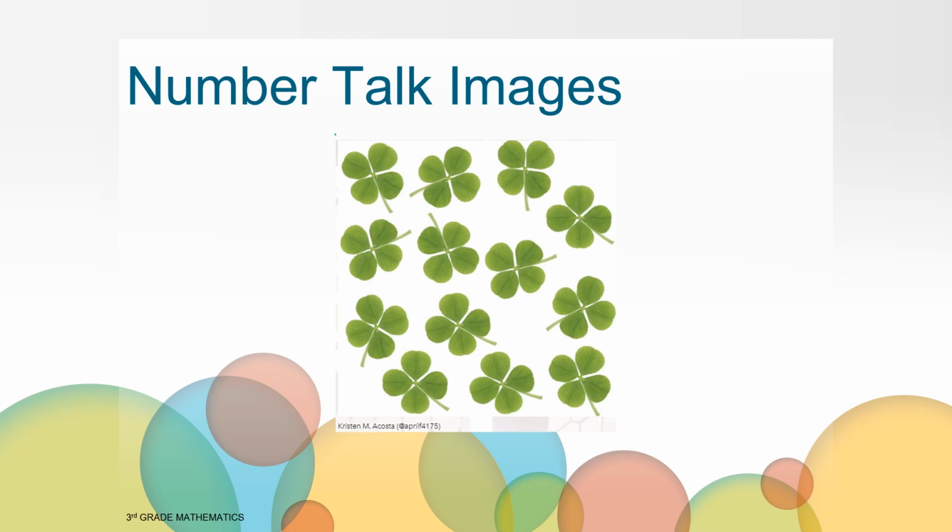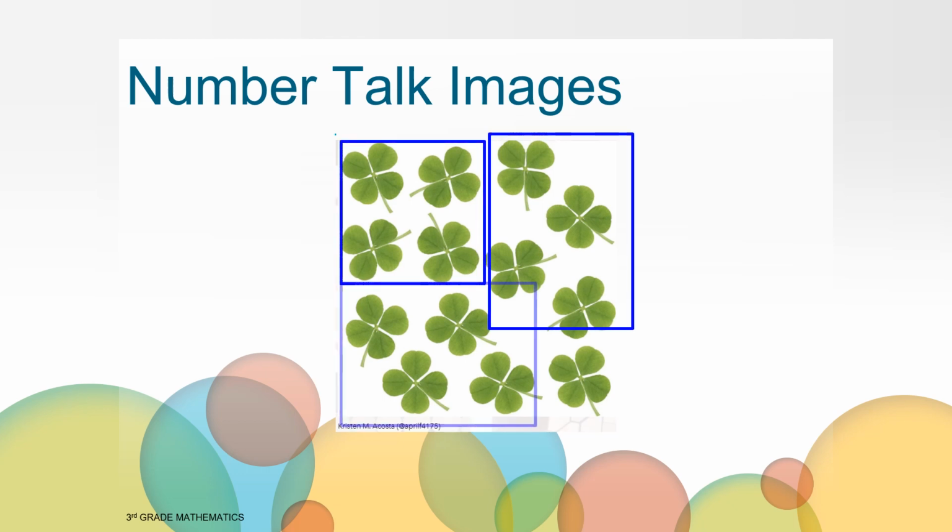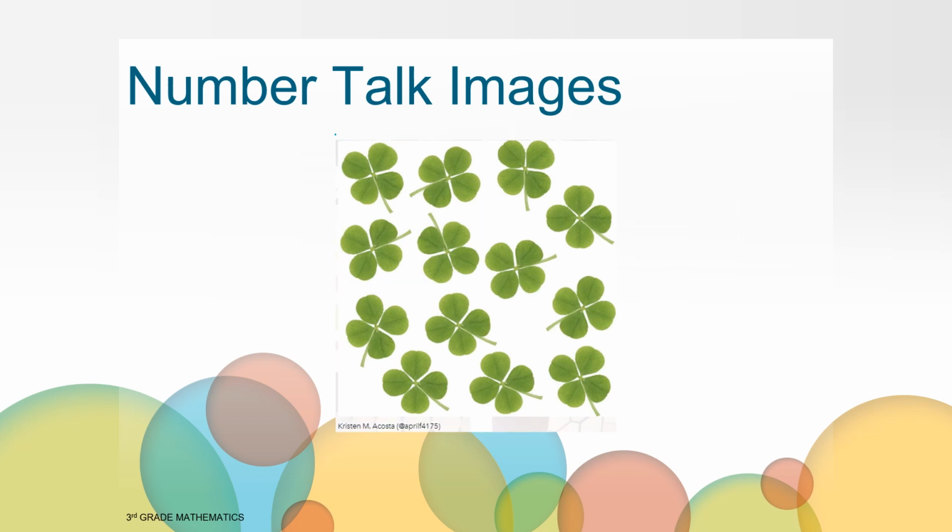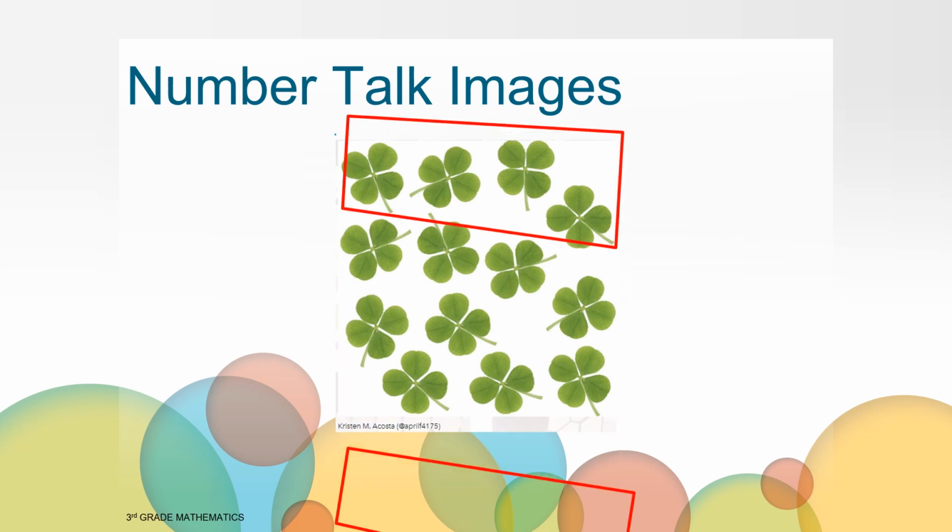Okay, what do you think? Maybe you said there were 13 four-leaf clovers. Did you see them in 3 groups of 4 with an extra one, like this? Or maybe you saw them in 2 groups of 4 and a group of 5, like this.